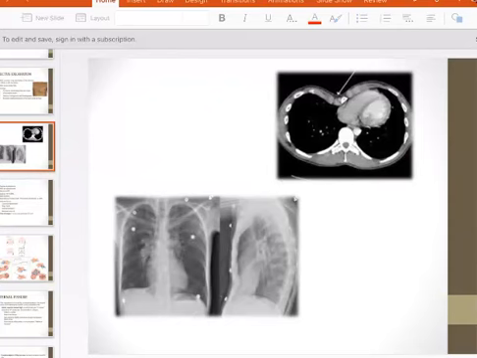This is how it will appear in the chest X-ray, a depressed sternum. And a CT scan also confirms whether it is symmetrical or asymmetrical, and whether it is compressing the heart or the lung.